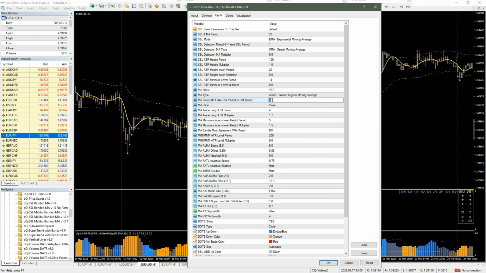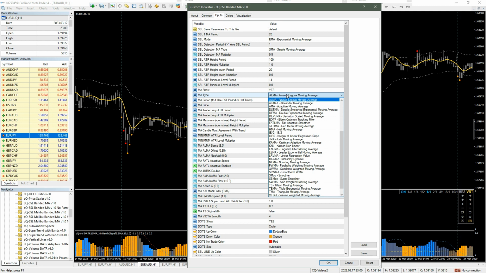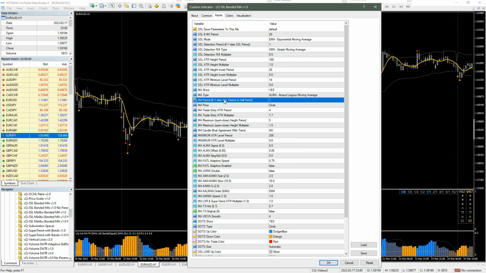If you're on half trend, then it will use this, or you can set it to 1 here. But otherwise, with this set to 1, it will use this period up here.